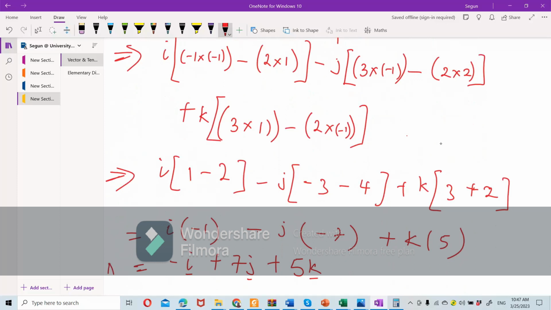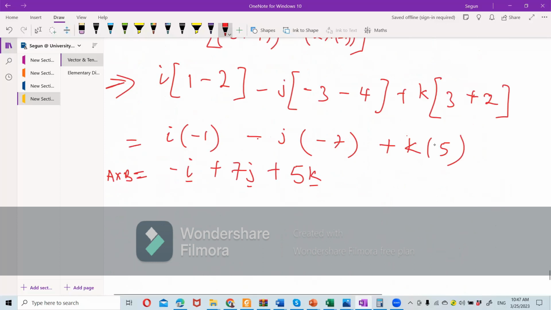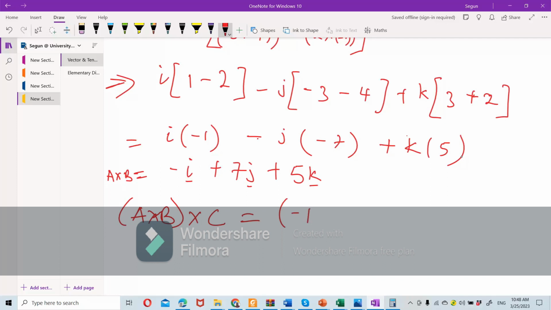So that is your A cross B. Remember, A cross B. So we need to now go ahead and we have A cross B cross C now. So it's going to be minus I plus 7J plus 5K cross, what is the C?